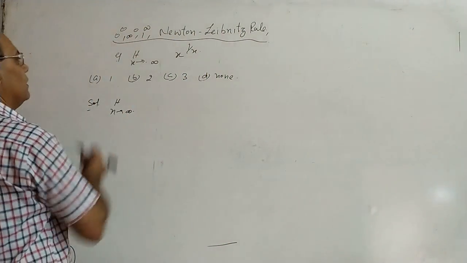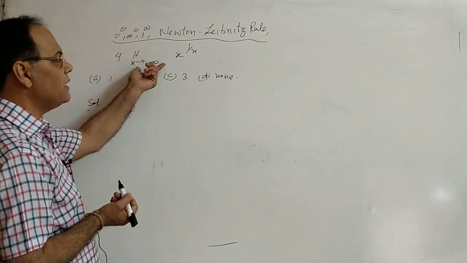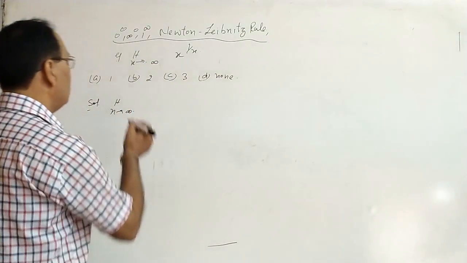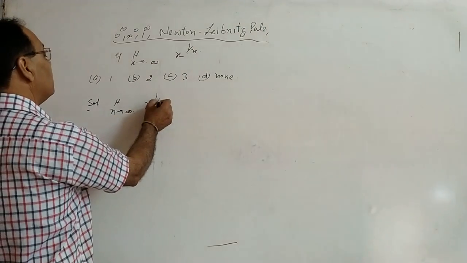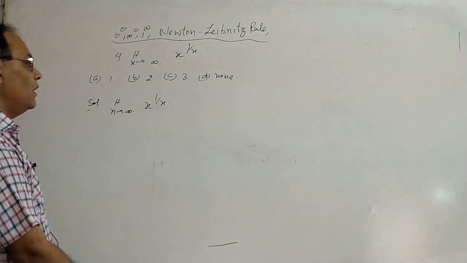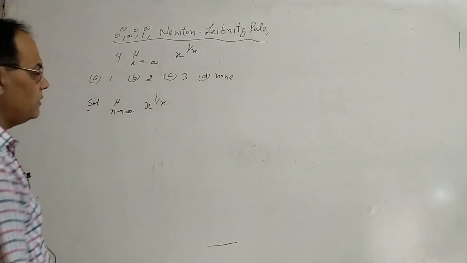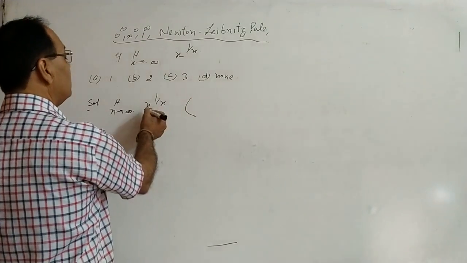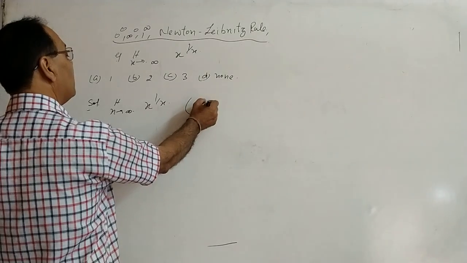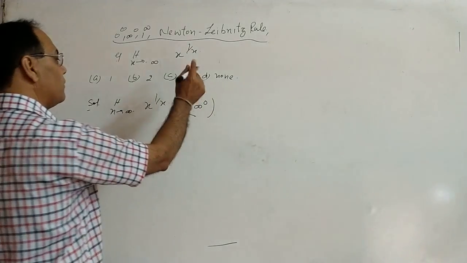I have taken a question, say limit x approaches infinite of x raised to power 1 by x. If we directly substitute the limit, then you can see this is in the form of infinite raised to power 0.